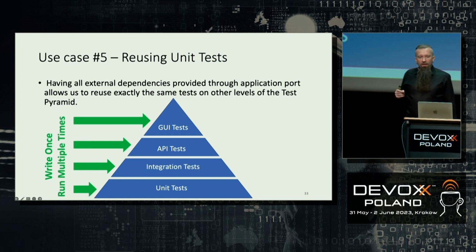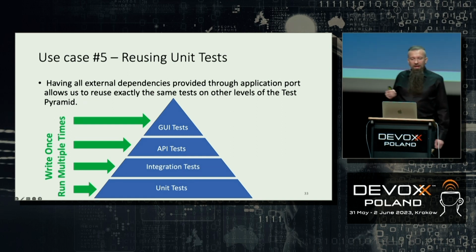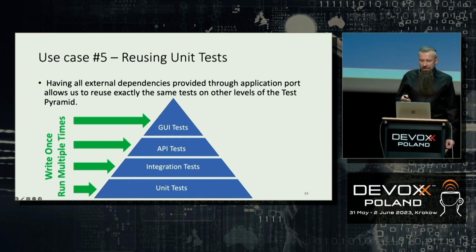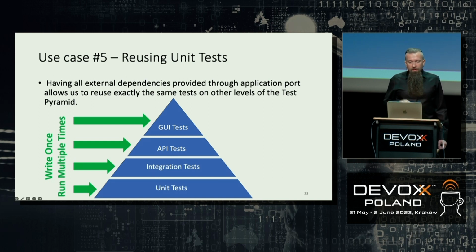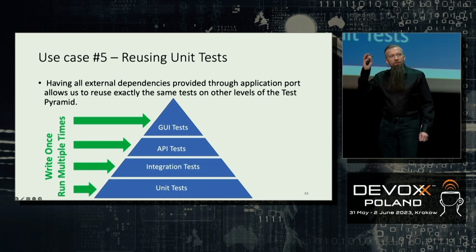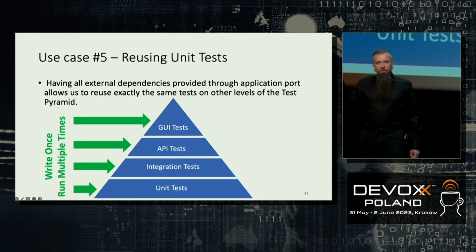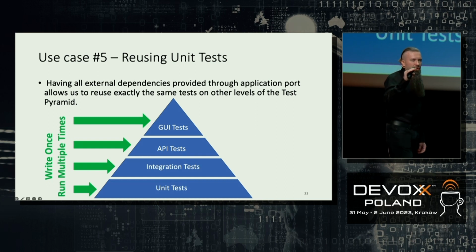Use case number 5, reusing unit tests. Having all external dependencies provided through application ports allows us to reuse exactly the same tests on other levels of the test pyramid. So imagine we are going to write our unit acceptance tests, which are extremely easy to write because they are not going to touch the infrastructure.